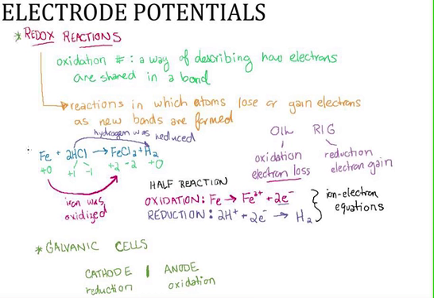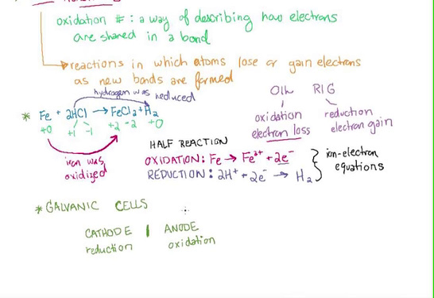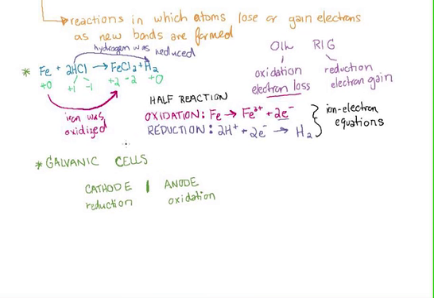Any reaction like this one that I have here is a redox reaction because we've essentially got atoms losing or gaining electrons as they're switching teams, essentially, as they're forming new bonds, right? So this is sort of, by its very nature, a redox reaction.